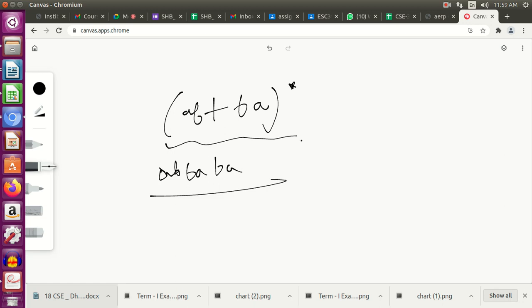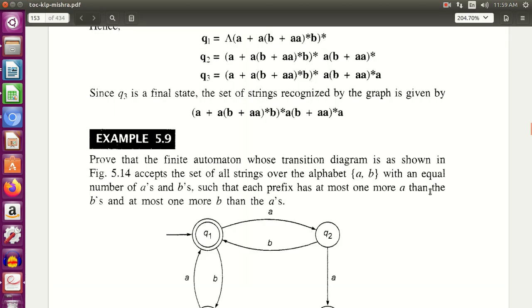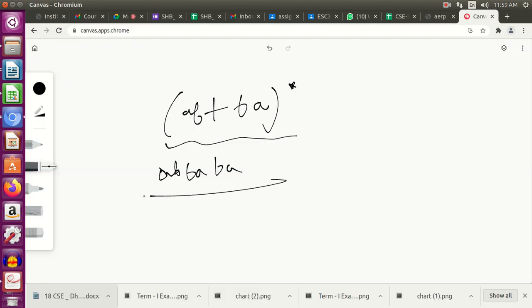Now the statement says that each prefix has at most one more A than B, and at most one more B than A. So whenever we are talking about a prefix, this can be a prefix. If you consider this entire thing as a language, the repetition should be there, you cannot stop at ABB. So this is an entire language, and ABB can be the prefix.